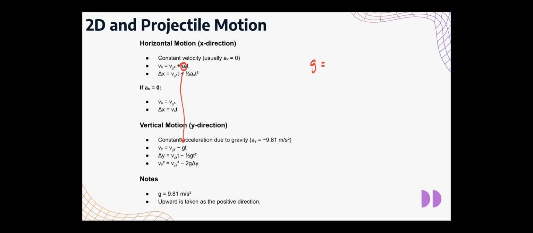And since they're taking gravity downwards to be negative, this is why it's minus g instead. And then again, it's minus here because it's negative. All of these are just substituting g for acceleration because this is again vertical. So g plays a vertical component. And yeah, you can read the rest of the slides.